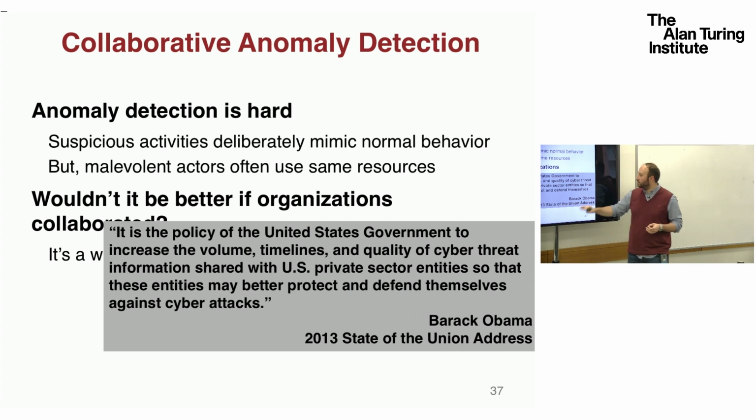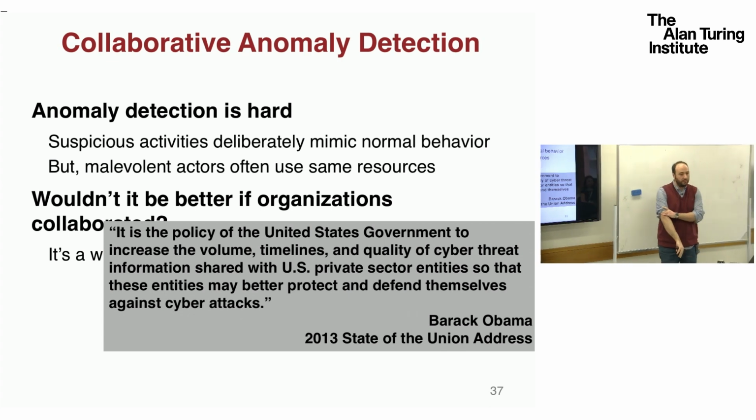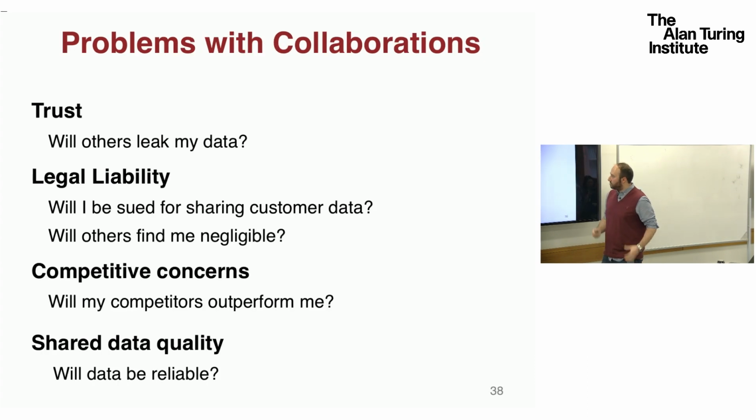In 2013 explicitly put forward plans for information sharing with respect to threat mitigation. So the US government wanted to facilitate information sharing within the private sector and also from public sector to private sector. This is really great, but in practice there are a lot of issues that hinder these initiatives.